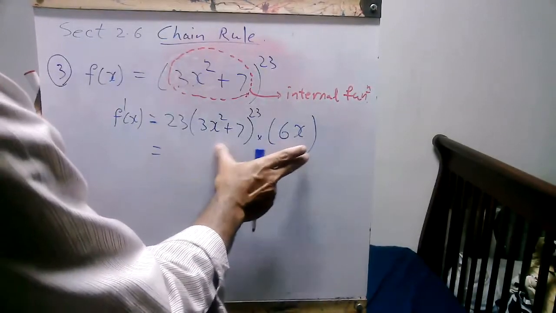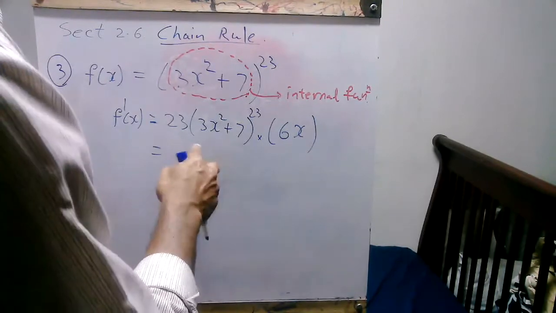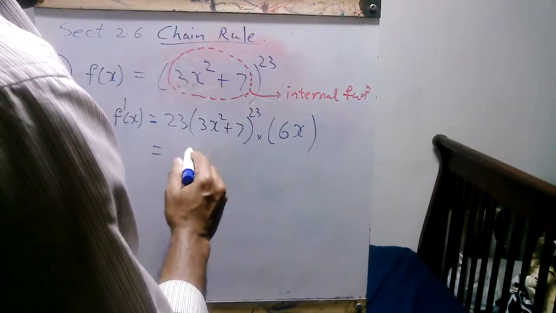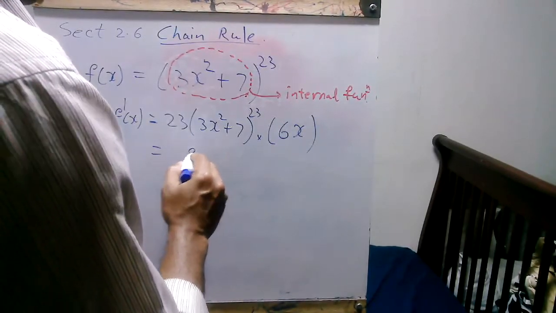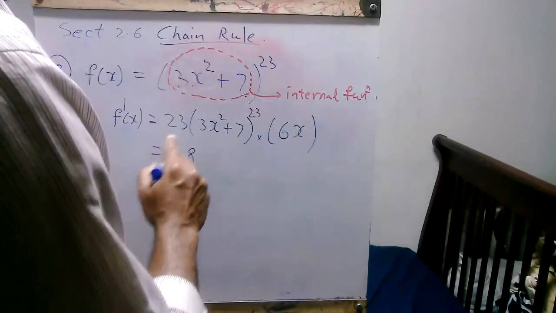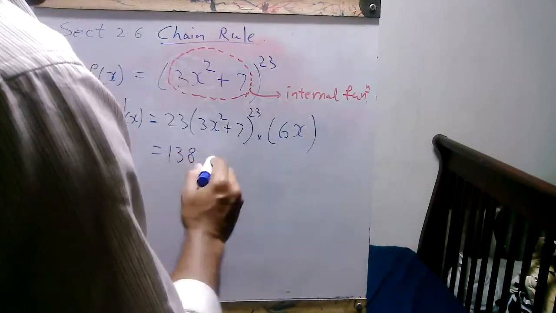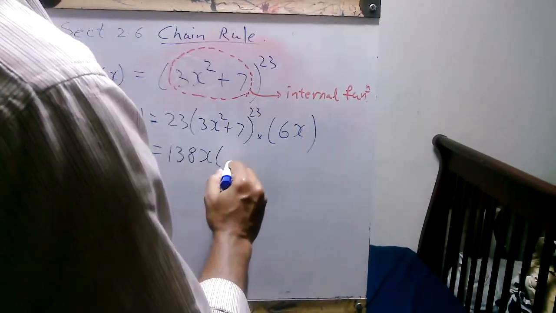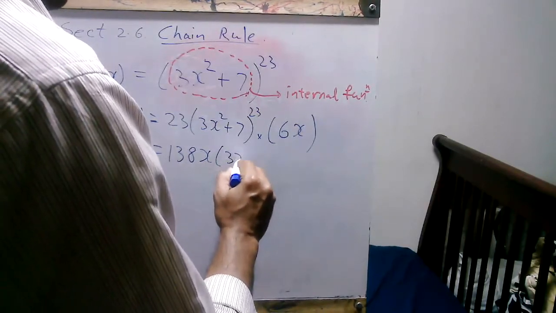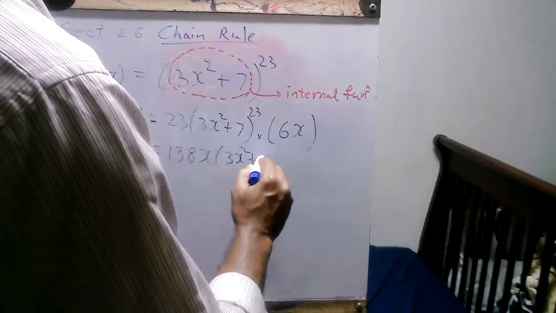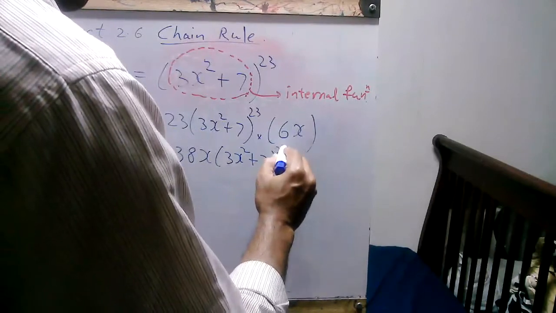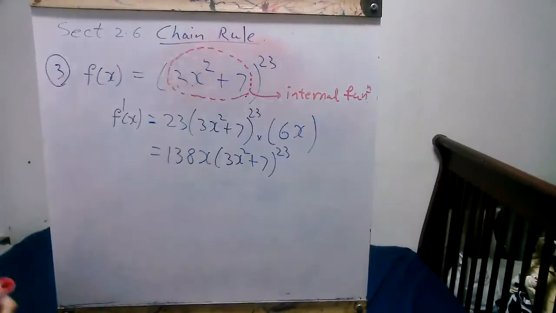So this is the derivative, times (3x squared plus 7) to the power 23 minus 1. Right?